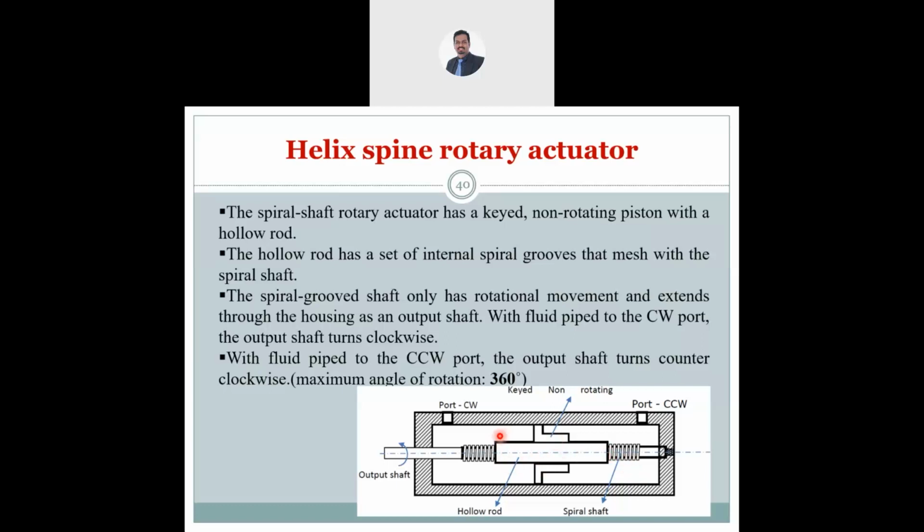When it moves, the movement will convert from linear to rotary, because inside there is the thread of the screw. So the screw will start to rotate. This is connected to the shaft, so the shaft will rotate. This is for counterclockwise.